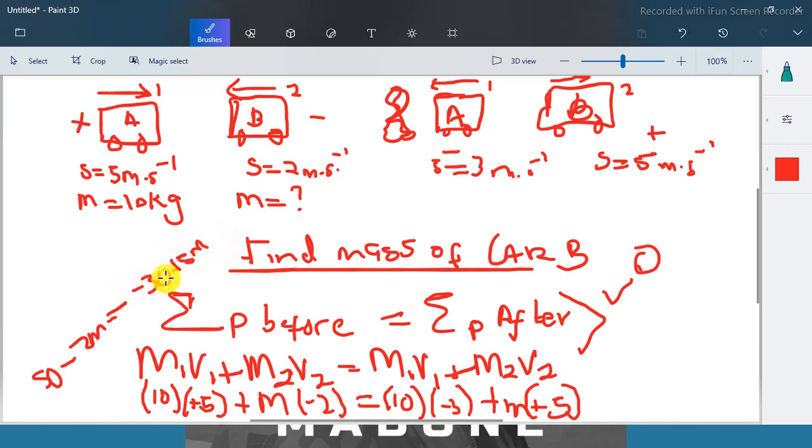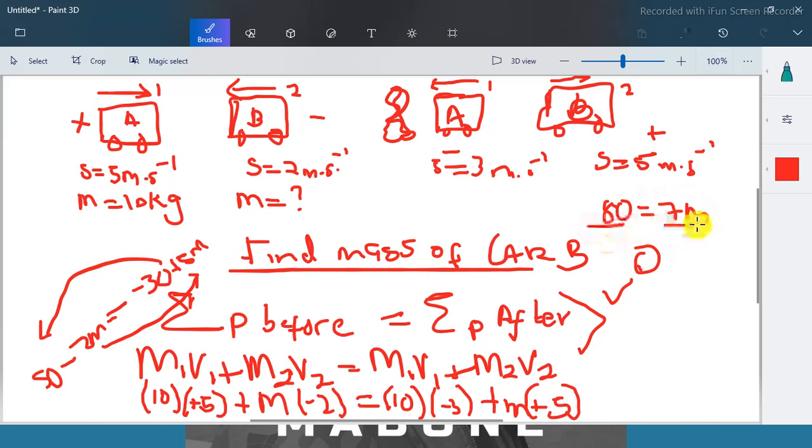And then you transpose like terms as you were taught in grade 8. So this negative 30 would come that side, and this would go that side, right? Now it will be 50 plus 30. Now you'd have 80 this side. Come with me. It's now 80. And that side, you would have 5 plus 2. Now you'd have 7m. Okay, guys?